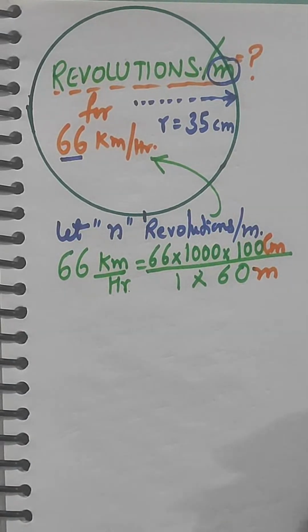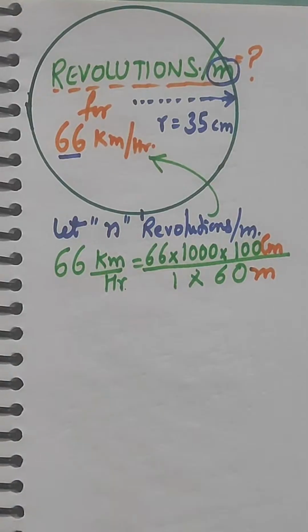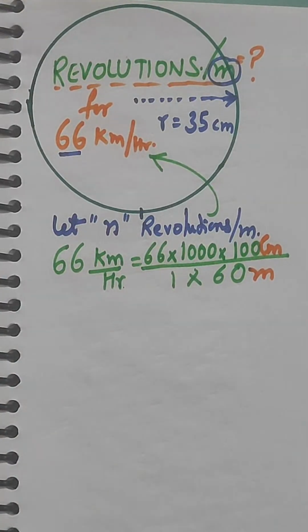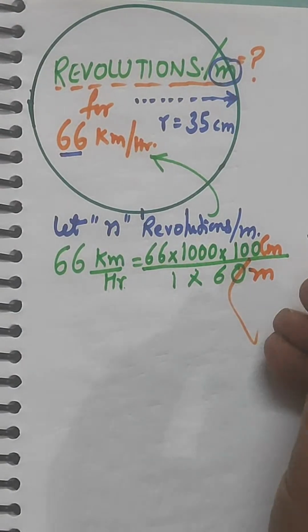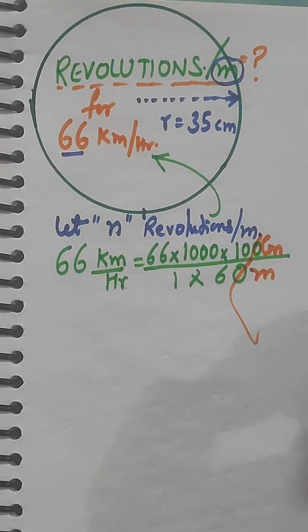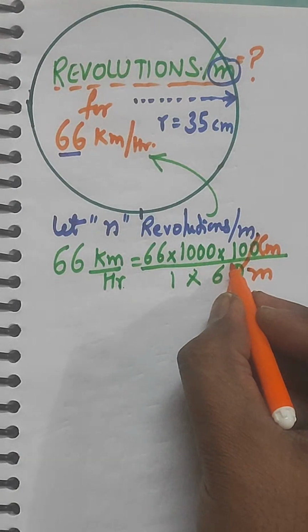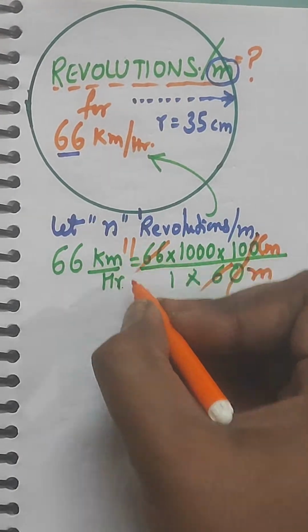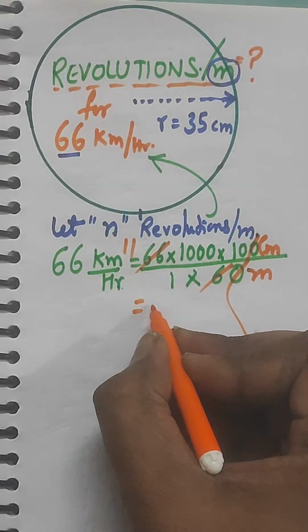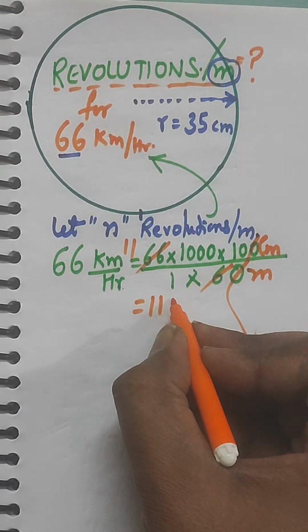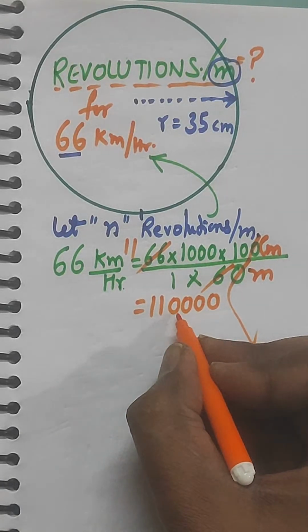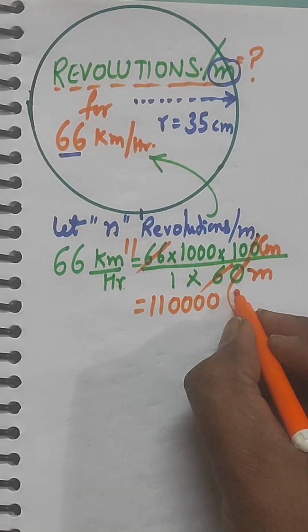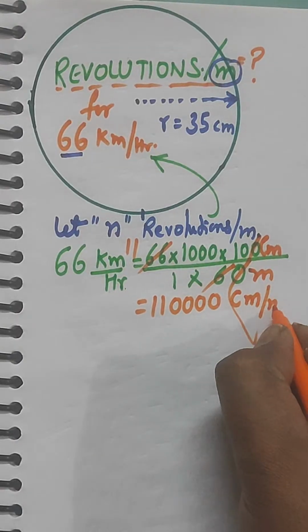per minute, right? This can be further simplified. This 0 and this 0 cancel out, and 6 will divide 66 in 11 times. So this will give you 110,000 centimeter per minute.